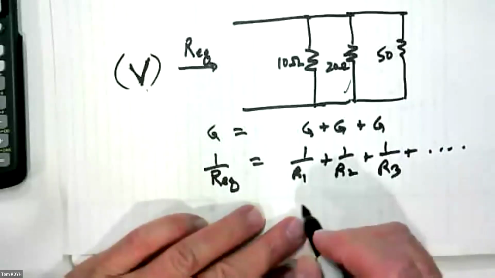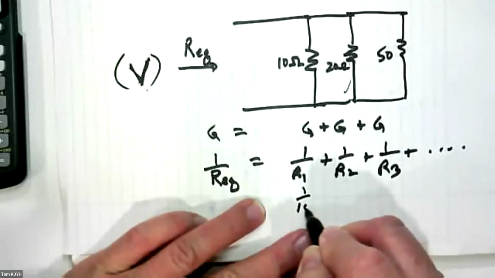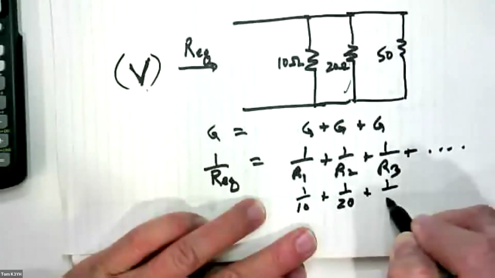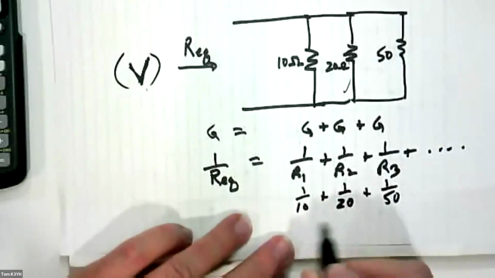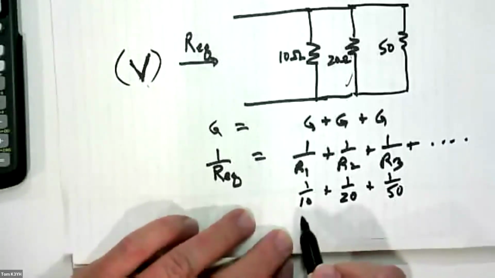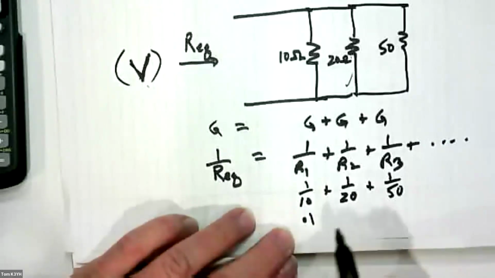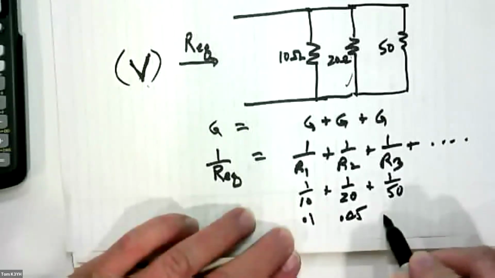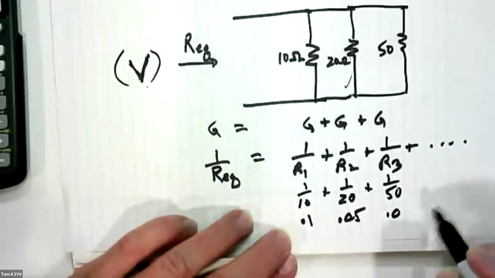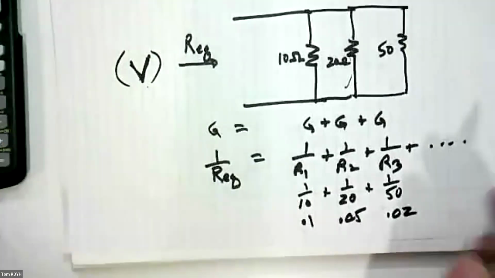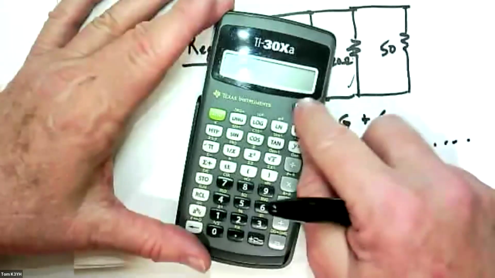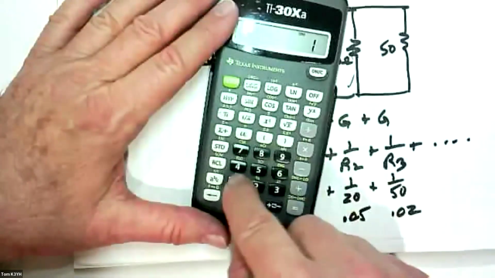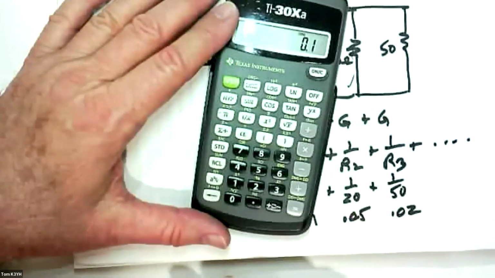All right, so in this case, I've got 1 over 10 plus 1 over 20 plus 1 over 50. I'm going to do it with decimals. So this is 0.1, this is 0.05, and this is 0.02. You need to see that. I've got 1 divided by 10 is 0.1.